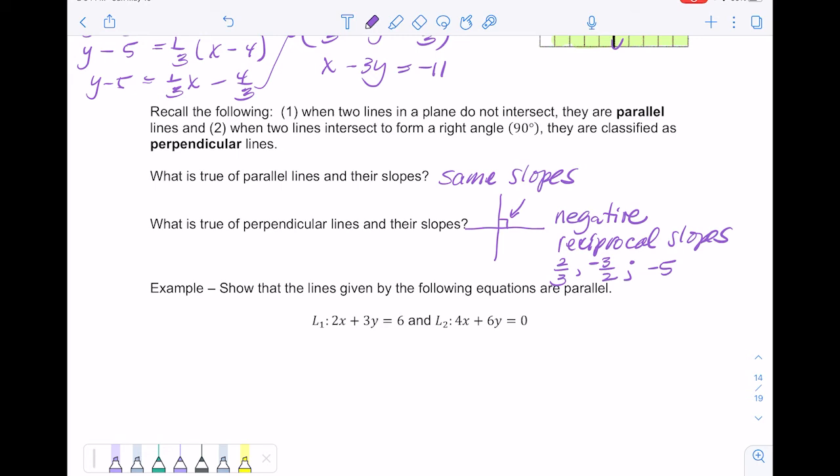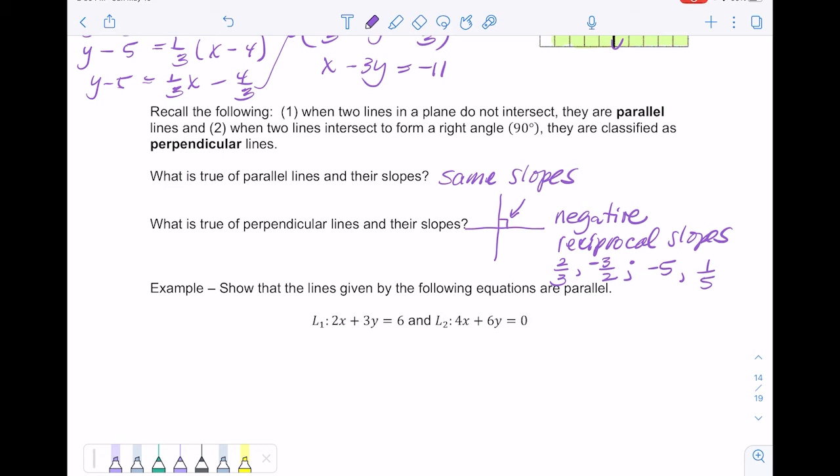So it's already negative, so we're going to make it positive. And then the reciprocal, if we flip a 5 over, remember it's 5/1, you would get 1/5. So those are some examples of negative reciprocals. If I saw slopes that looked like that, I would know that they are perpendicular lines. And if I saw slopes that were the same, I know those lines would be parallel.